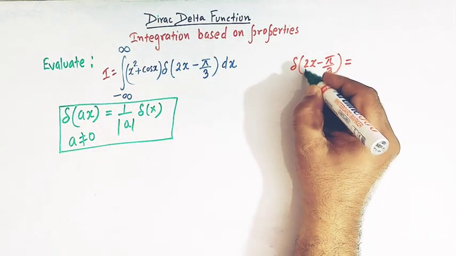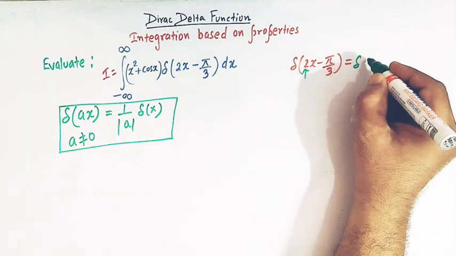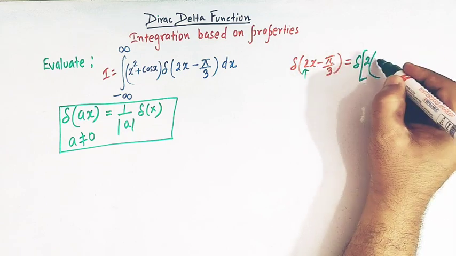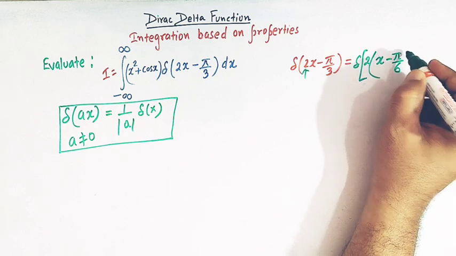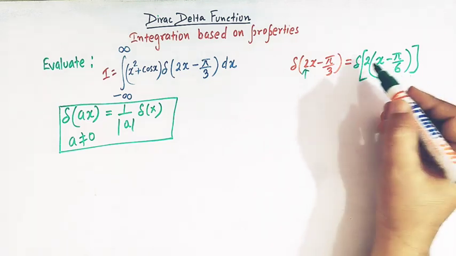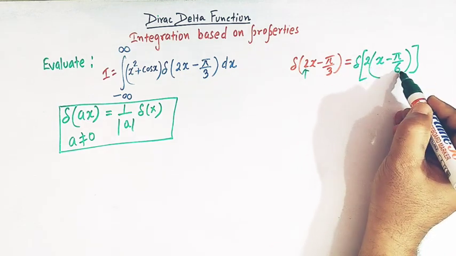Here we have 2x, so we'll take 2 common, and then we have x minus pi over 6. So we write delta of 2x minus pi by 3 as delta of 2 times (x minus pi by 6).